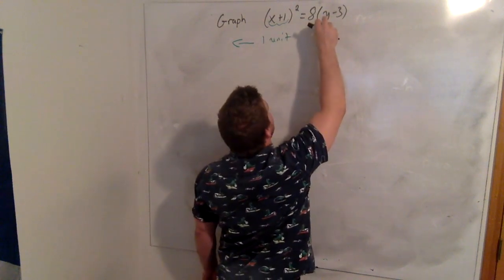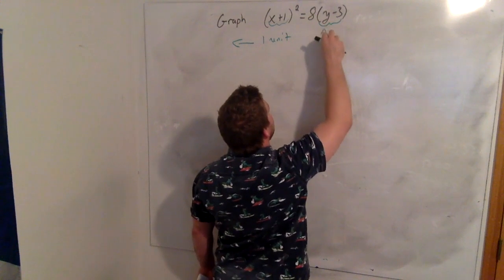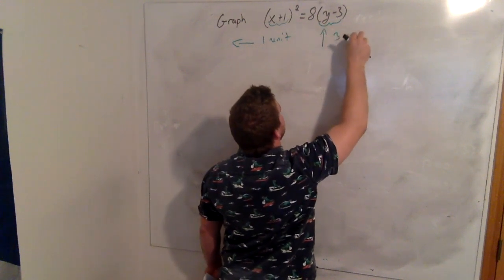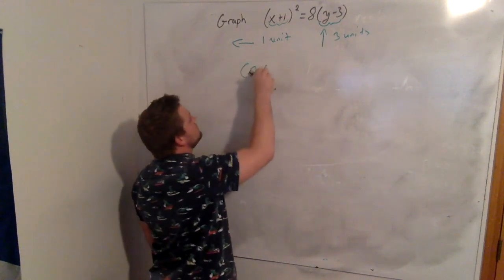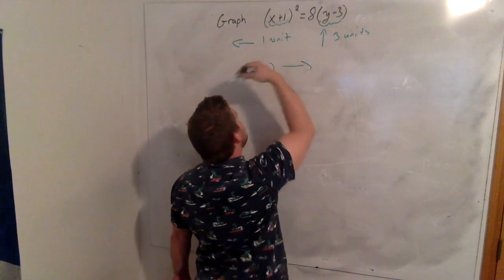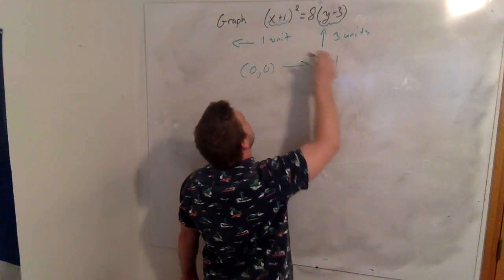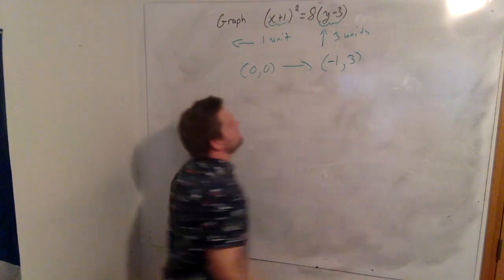If we're subtracting 3 directly from the y value, that's going to shift the graph up 3 units. The vertex used to be at 0, 0, and after the shifting, we've shifted this left 1 unit, so the vertex will now be at the coordinates -1 and 3.